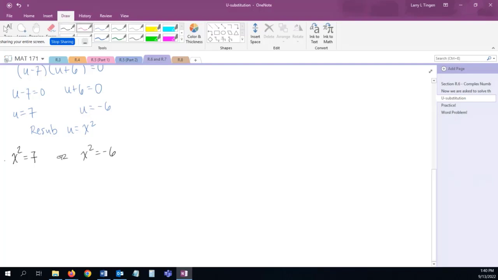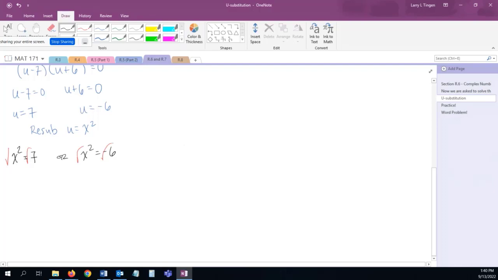For both of these, my next step is to take the square root of both sides. And as easy as it is to forget, you have to be super duper careful on the right-hand side of that second one.